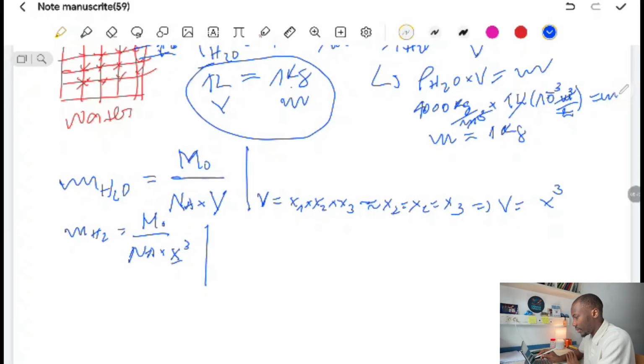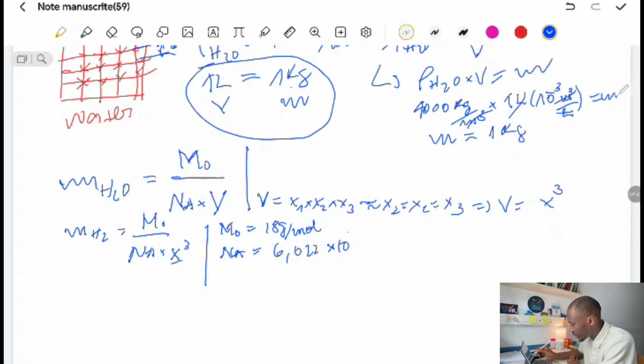And we know as well that it's a property that the molar mass of water is equal to 18 grams per mole per molecule, and the Avogadro number is equal to 6.022 times 10 to the power of 23 mole minus 1.